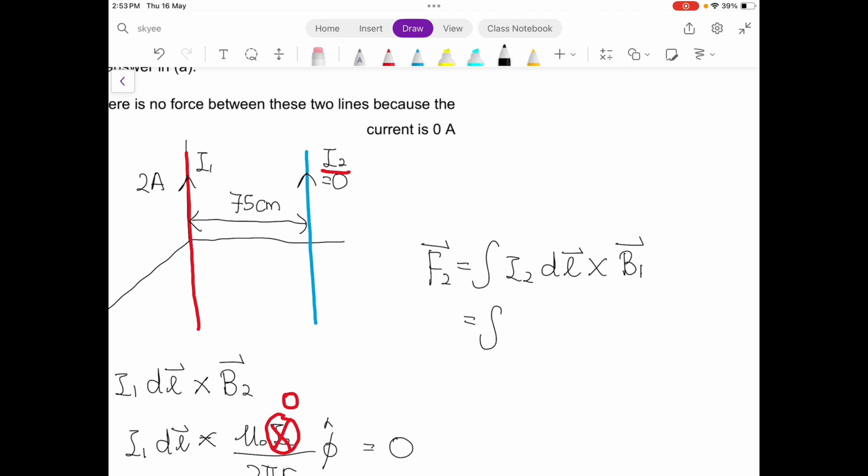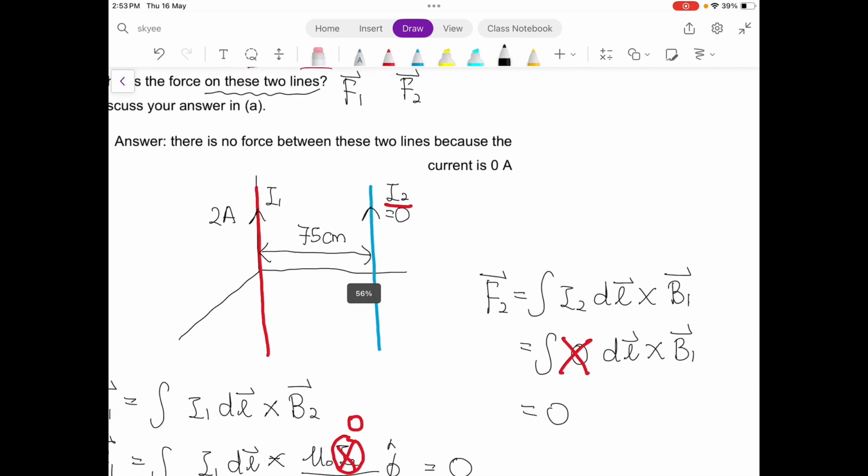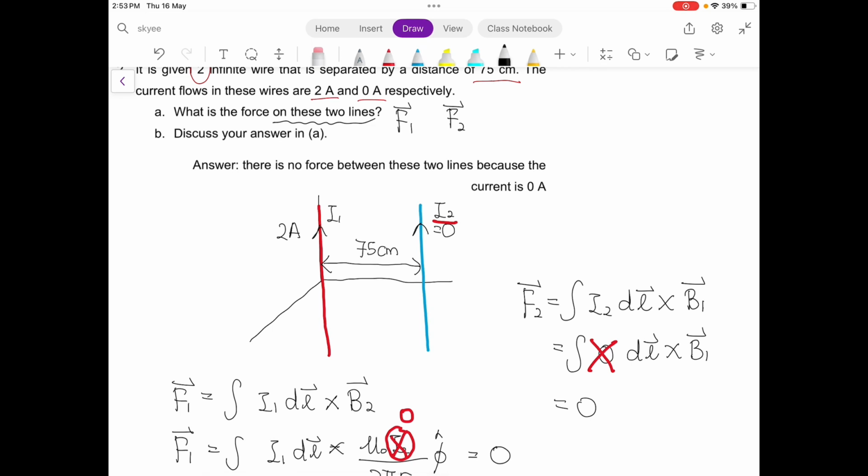I2 is 0, right? Even though you have the B1, this 0 is going to make the F2 to be 0. So you see the answer: there is no force between these two lines, because the current I2 is 0. This is the reason.